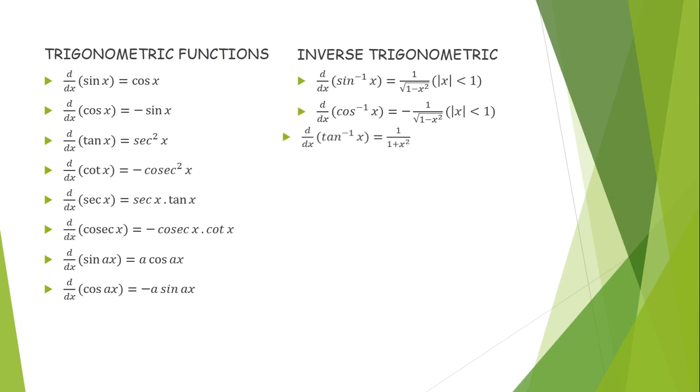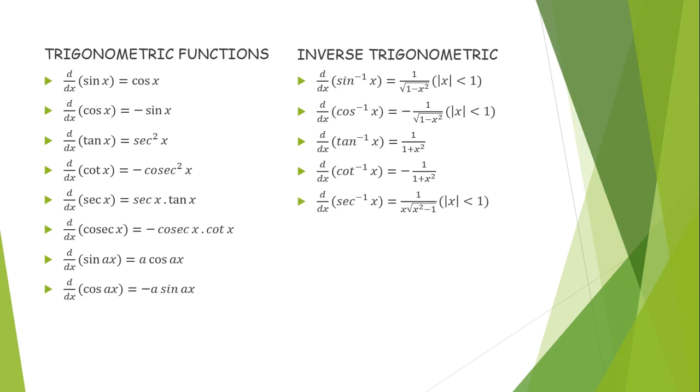Now d by dx of tan inverse x equals 1 by 1 plus x square. d by dx of cot inverse x equals minus 1 by 1 plus x square. d by dx of sec inverse x equals 1 by x root over of x square minus 1. d by dx of cosec inverse x equals minus 1 by x root over of x square minus 1. Here mod x is greater than 1.